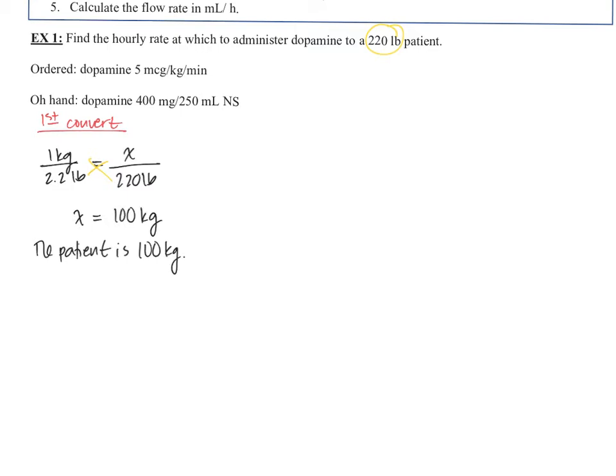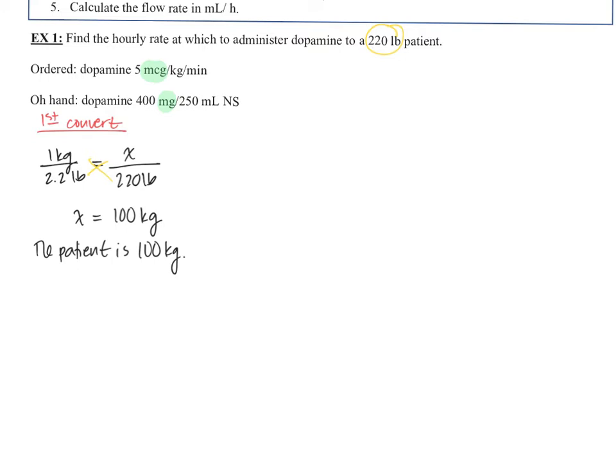The next thing we need to do is see what else we need to convert. Let's take a look at what has been ordered and what we have on hand. Ordered is micrograms and we have milligrams, so we're going to have to change that.